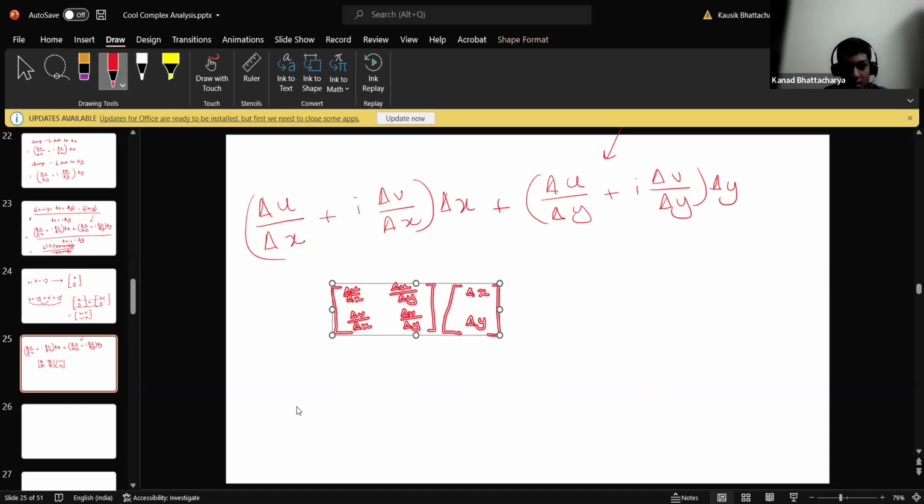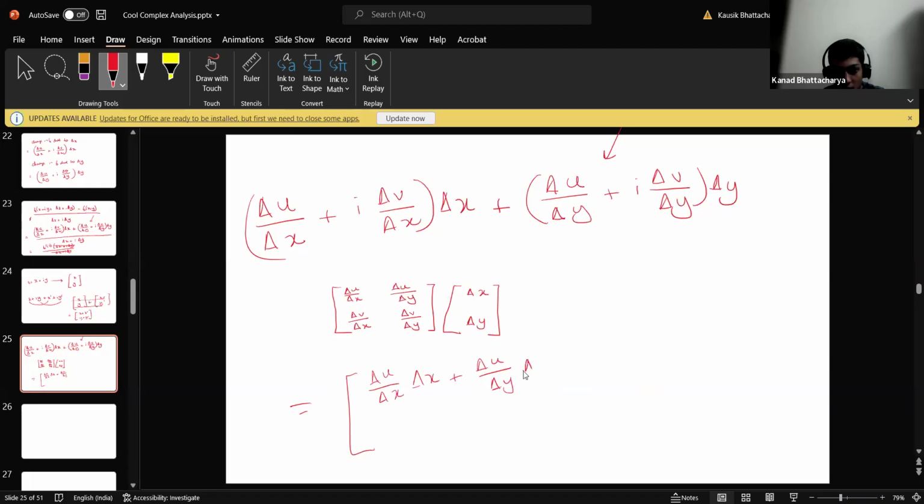If you expand this out, what you get is this expression: delta u by delta x times delta x plus delta u by delta y times delta y.